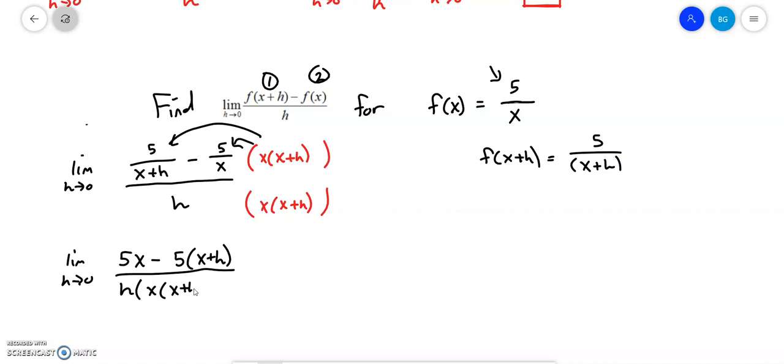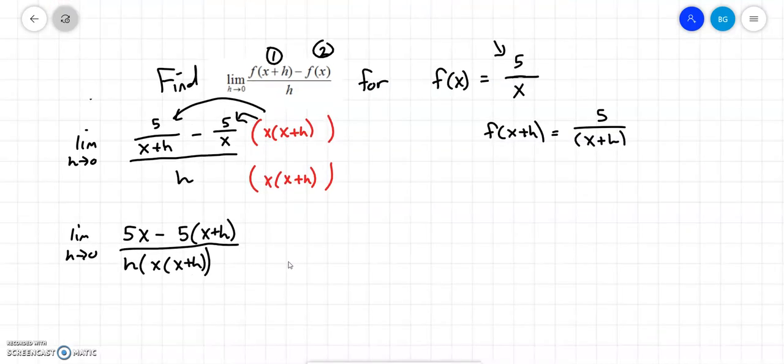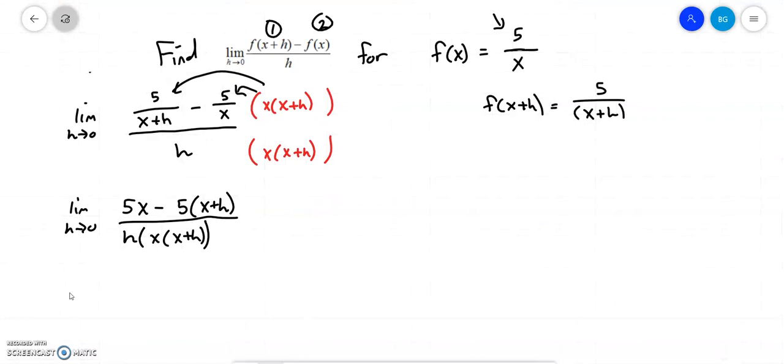I'm going to do that thing like what we were doing a little bit ago, where we're not going to multiply out our denominators. We're just going to leave them as they are and hope it all works out for the best. It seems like it typically does. So as we've done before, we're going to simplify the numerator. So this is going to be minus 5x minus 5h. I just went ahead and distributed and took care of the negative sign all in one step.